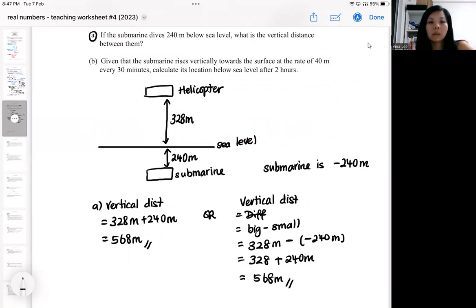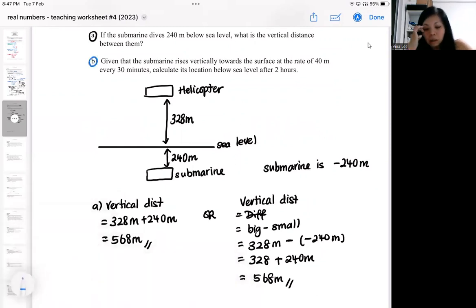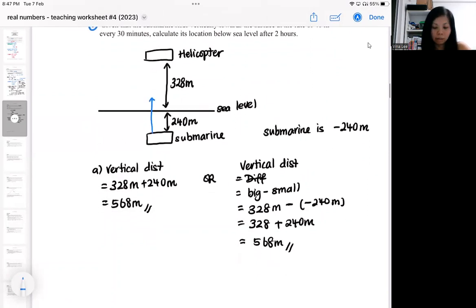Okay, so the next one is also a little bit of the same idea as the mountain question. So the submarine is going to rise up towards the surface at the rate of 40 meters every 30 minutes.